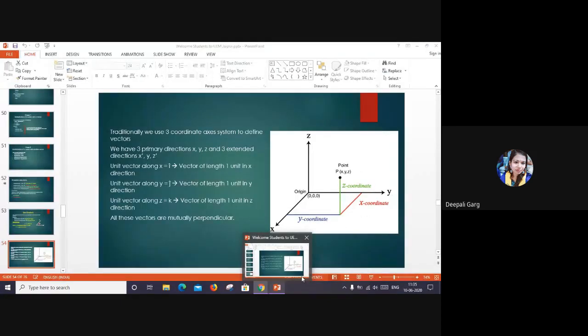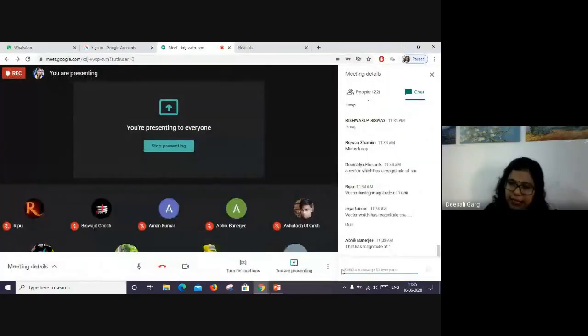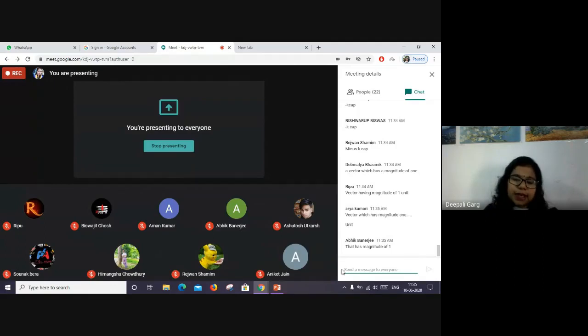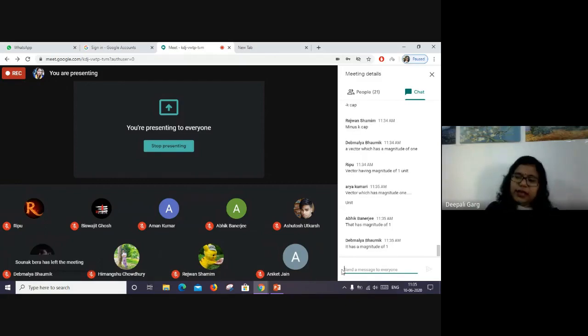If I say I cap is a unit vector in x direction, what do I mean by that? I cap is a vector in x direction having magnitude 1 unit, right?